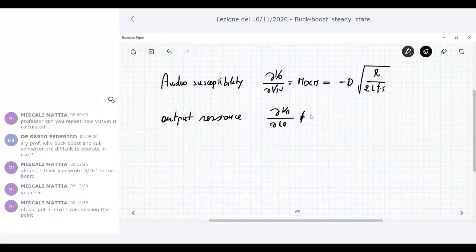But here in DCM, this is not null. It's different from zero. Specifically, V naught is given by this expression here. So let me express V naught using the conversion ratio. R I can express as V naught over I naught.